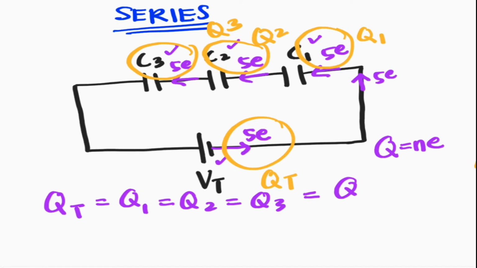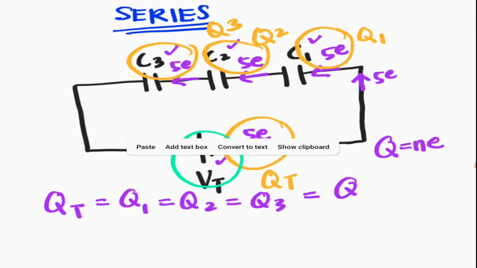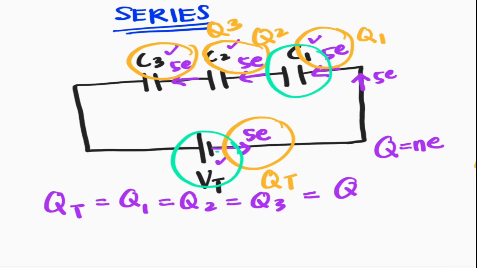Then now we discuss voltage. What's the meaning of voltage? It is the work done to bring charge from one point to another, from one plate to another plate, right? So this is about energy. This energy will be used to move the charge across C1, C2, and C3.